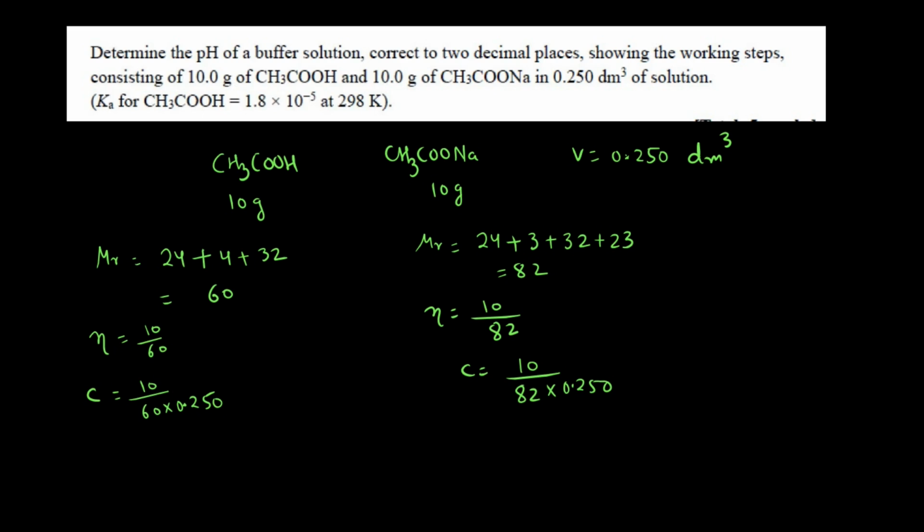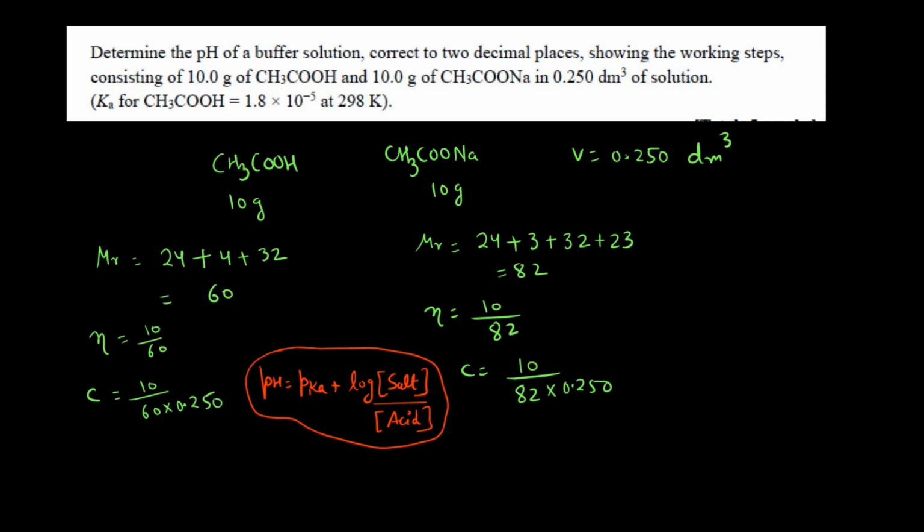Now in order to calculate the pH of the solution, we know that pH equals pKa plus log of the concentration of salt over the concentration of acid. The acid is a weak acid. So this is the Henderson-Hasselbalch equation, and we can put the values in this formula. So pH equals pKa, which is negative log to the base 10 of Ka.